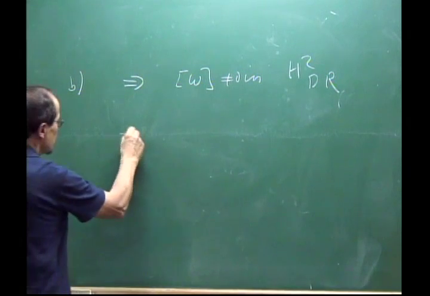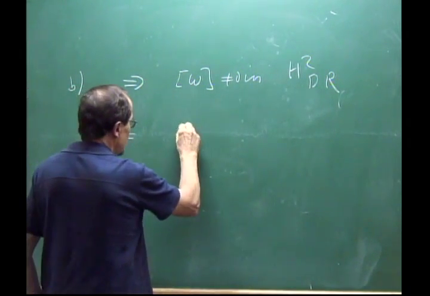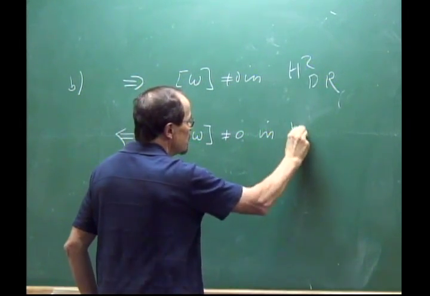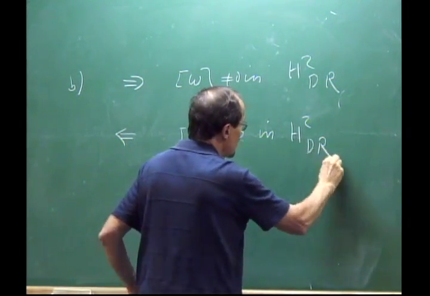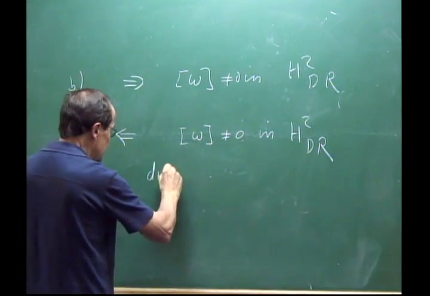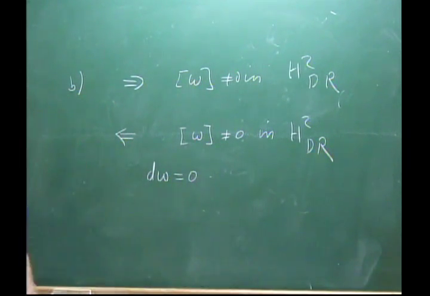So let's try to do the converse. So take a non-zero class, take a two-form, whose de Rham class is nonzero, a closed two-form. So I know right now that d omega is 0. I don't even know that omega is non-degenerate. It's not clear yet.